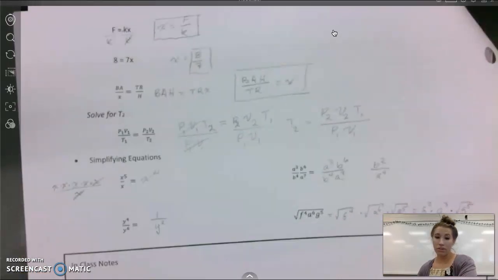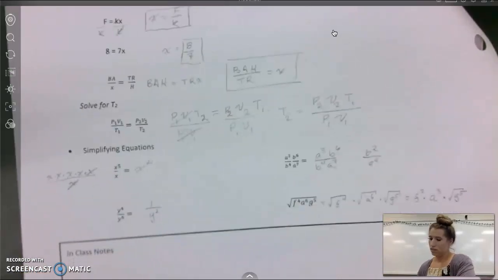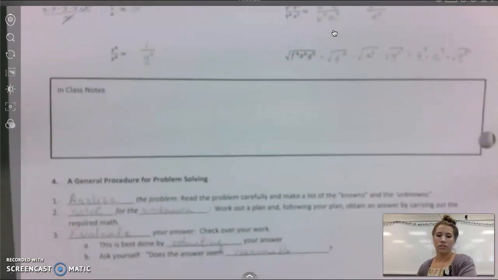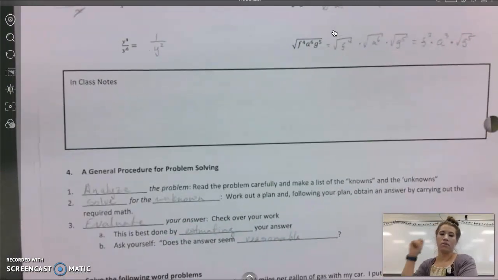All right, last thing that we're going to talk about. We introduced this idea of problem solving and the steps that you need to do for every single problem that you encounter. And the first one is to analyze the problem, read through it carefully, and make a list of what you know and what you don't know.